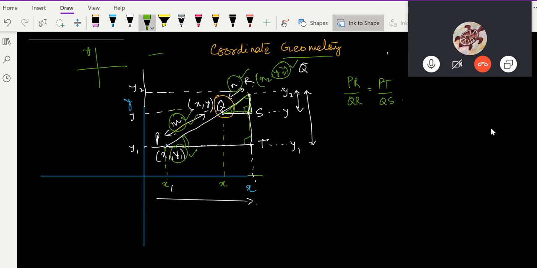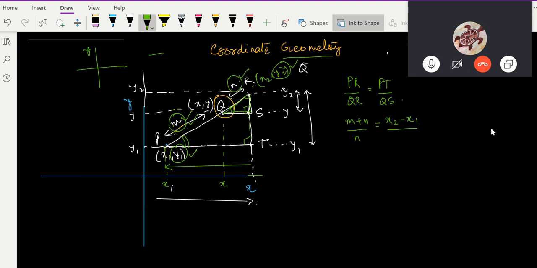Not RT, PT. So that means PR by QR is, we know, m plus n by n. And what is PT? PT is this distance, x2 minus x1. What is QS?